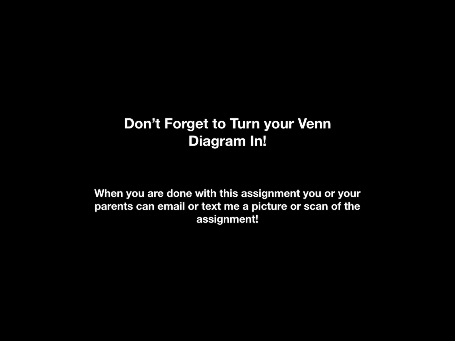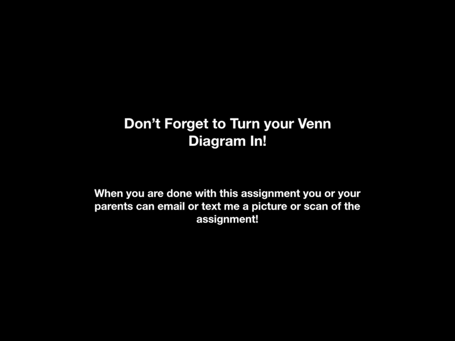Okay, then it says, don't forget to turn in your Venn diagram. And so this is just to reiterate what I've already sent to your parents in email and what I spoke to them in person if I saw them. Have your parents either text me a picture or email me a picture. They can just take a picture with their phone. If you have a phone, if you have an iPad, you can take a picture of it. You can email it to me. You can text it to me.